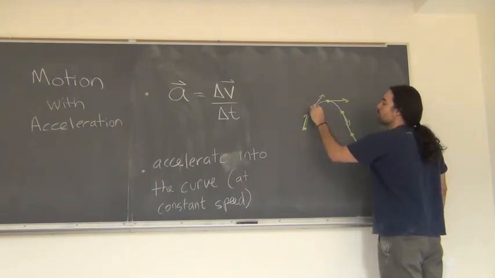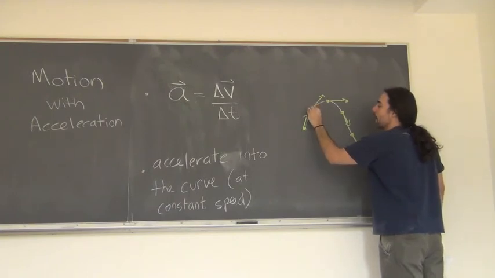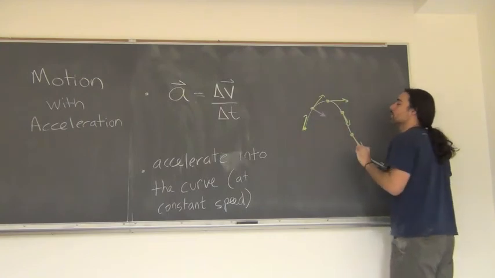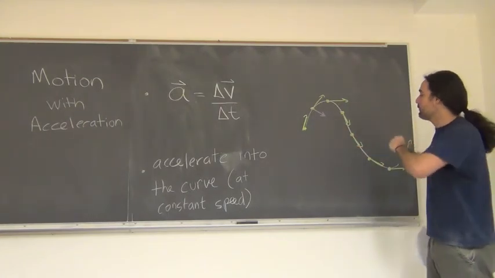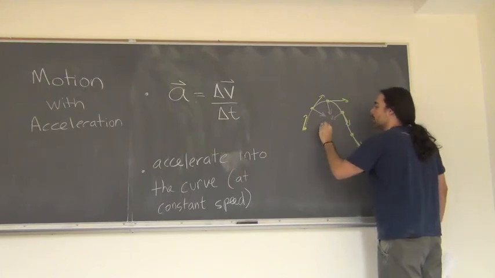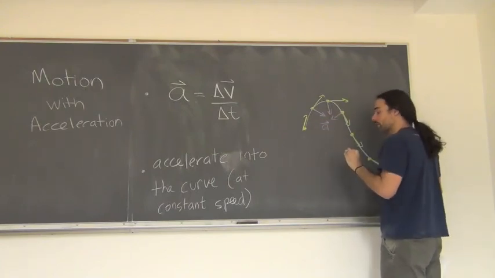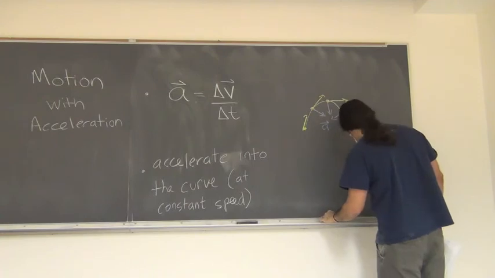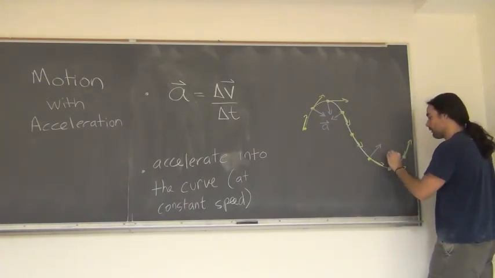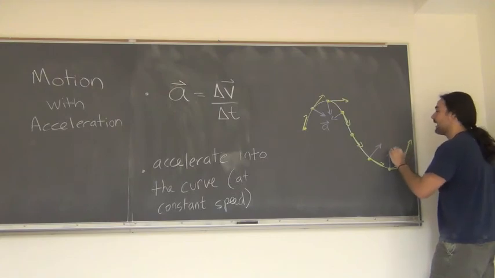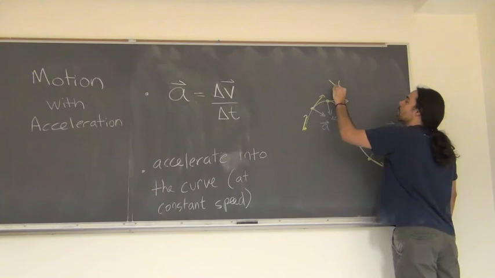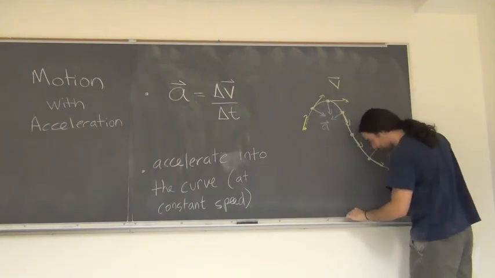So the net change is going to be going down, and again, that's into the curve. Same thing at this point, into the curve, into the curve. These are all acceleration vectors. I can do the same thing over here, into the curve again. These purple lines are acceleration, the green was your velocity.